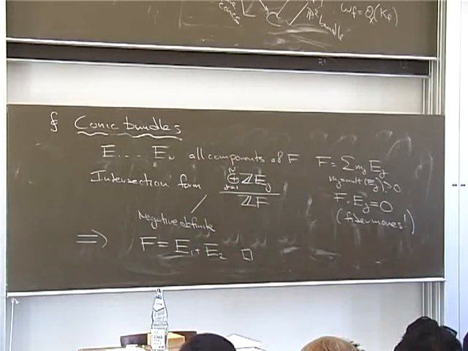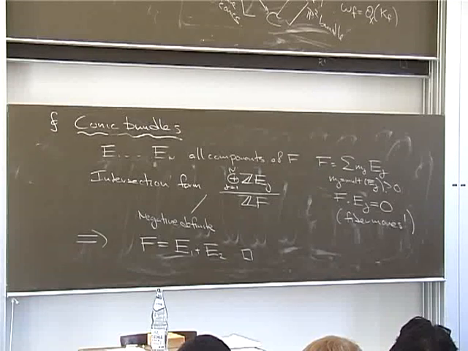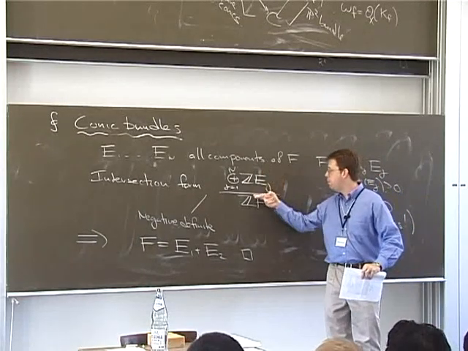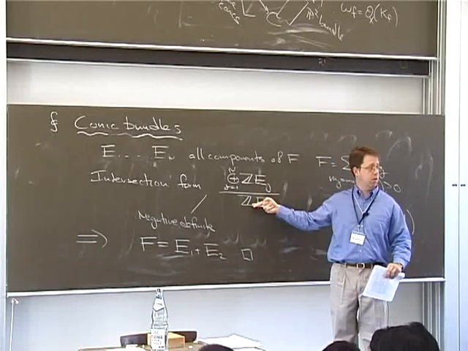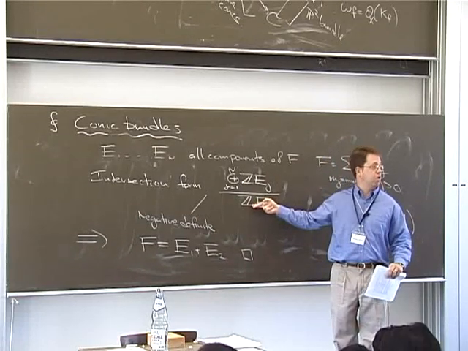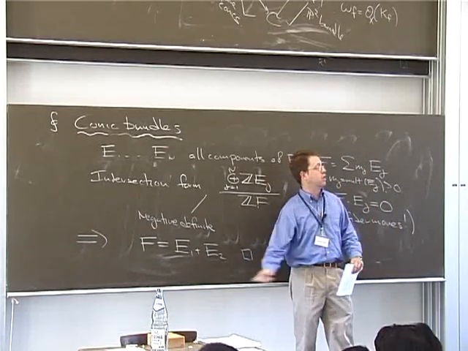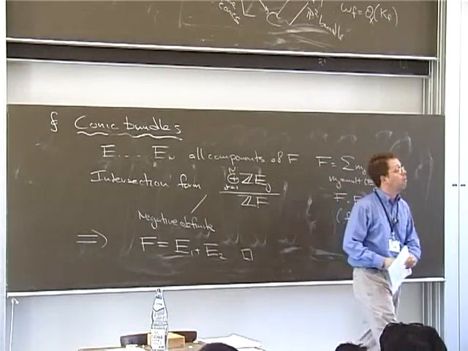There can't be anything else, because anything that goes to 0 under the intersection form has to be in the kernel of this quotient, therefore proportional to the fiber. I proved it's proportional to the fiber, but the constant of proportionality is 1.